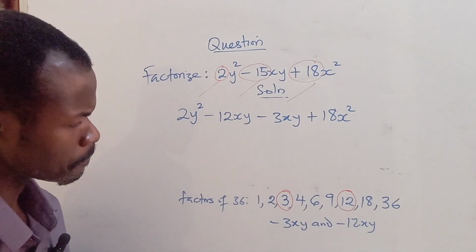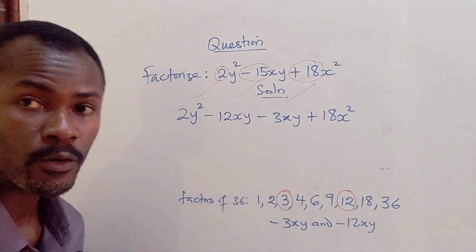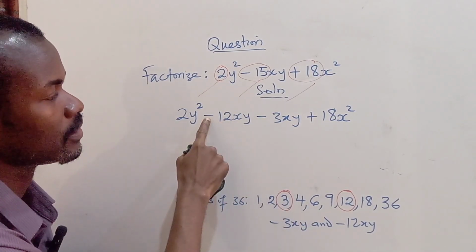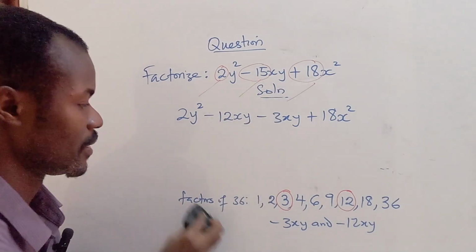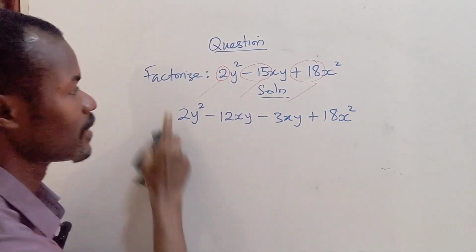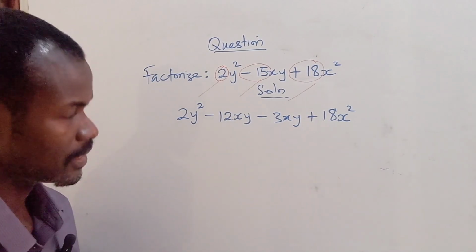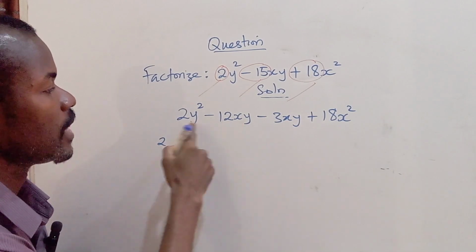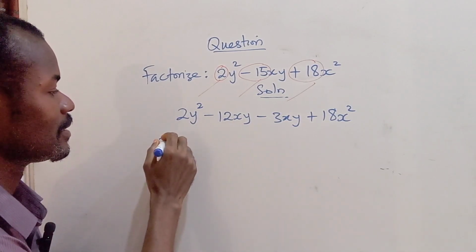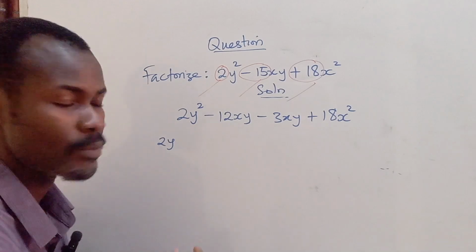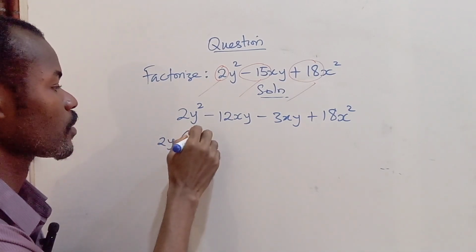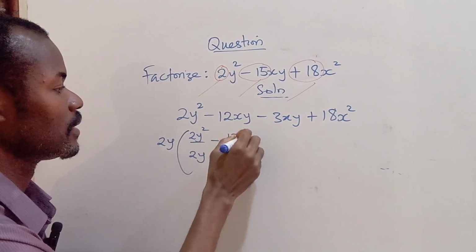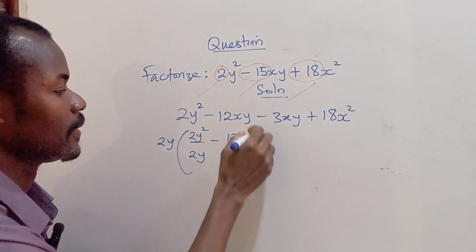Now that we've substituted these two values, which together represent minus 15xy, we can factorize the expression. Let's look for what is common here. For the numbers, 2 is common, and for the alphabets, y is common. So I'm going to divide this by 2y, and I'm going to divide this by 2y.